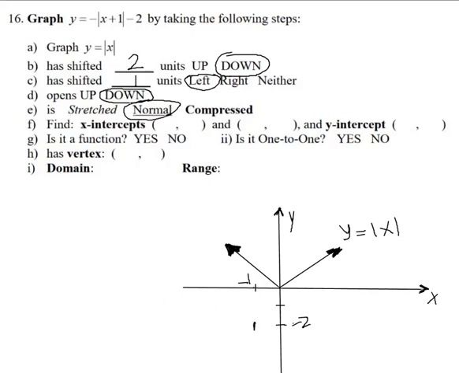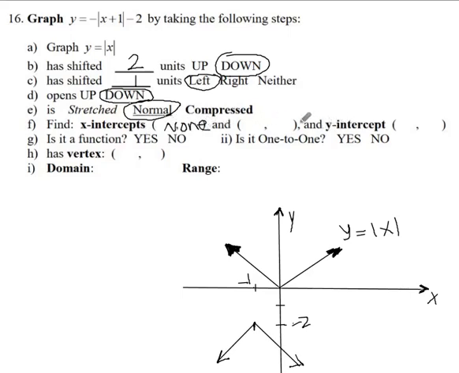Because this is going to open downward like this, it doesn't look like there is any x-intercept. Your graph is not going to intercept the x-axis, so there is no x-intercept.